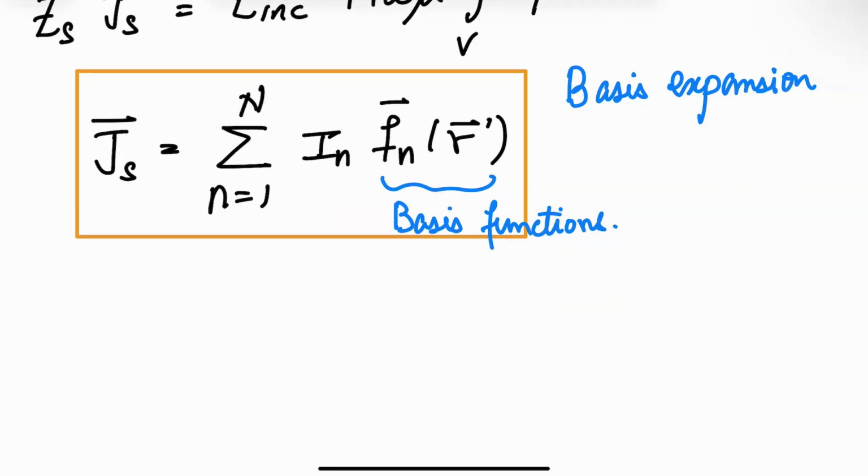Now, in reality, you would have to put an infinity here. Anyways, so usually you would put an infinity here. You need an infinite number of them in order to make it work.